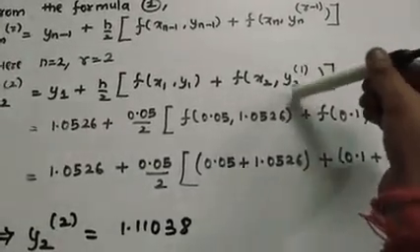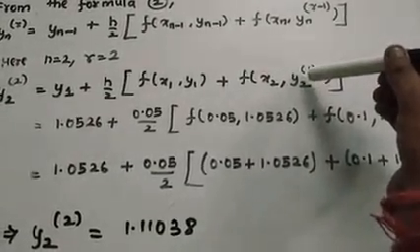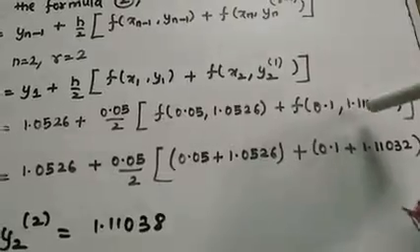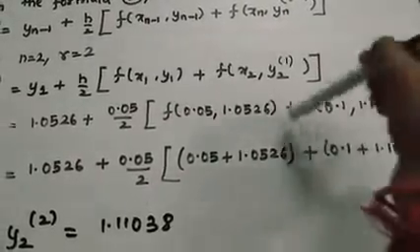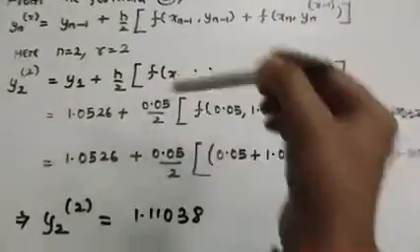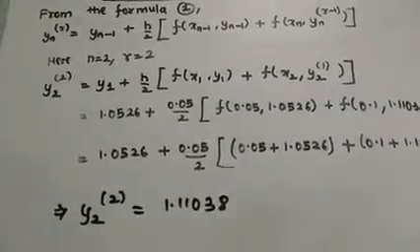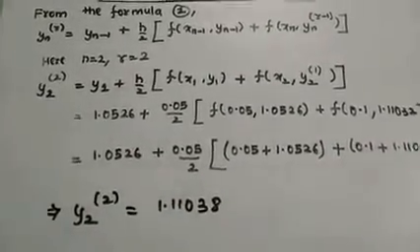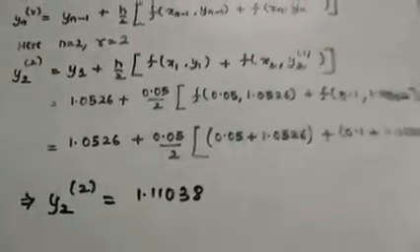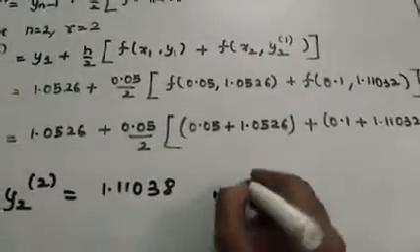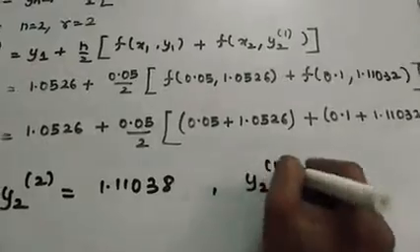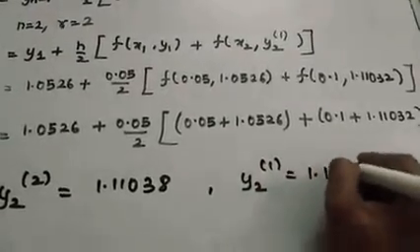Now the y2 of 1 value we have found was 1.11032. Then putting into the function and calculating, we got y2 of 2 as 1.11038. So this is our y2 of 2, and y2 of 1 was 1.11032.